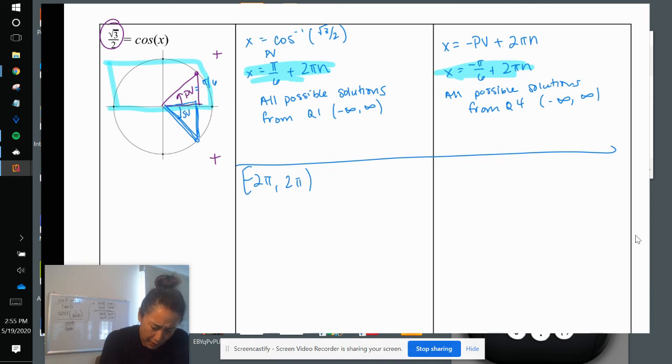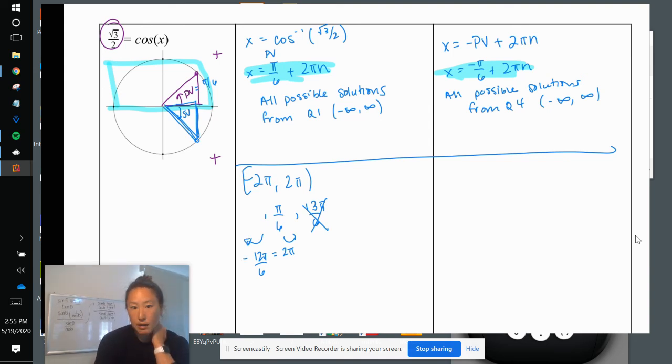So I'm going to take the principal value, pi over 6, and add 2 pi n to get my coterminal angles. I'm going to add 2 pi, which is 12 pi over 6 in this case. So 1 plus 12 is 13 pi over 6. 13 divided by 6 is more than 2, so I am already outside my domain. Let's work backwards. We subtract 2 pi, which is negative 12 pi over 6.